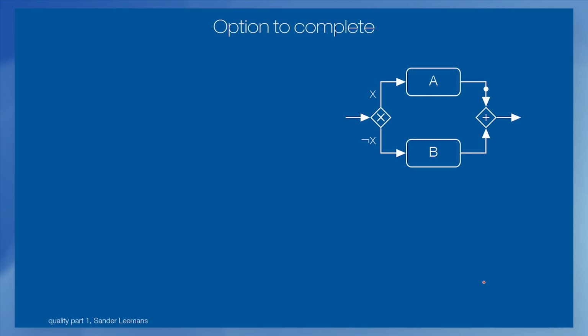The concurrent join will wait for a token coming from the other branch, which is the branch coming from B. However, there is no more token here that can come. So we are stuck in this situation. This is a deadlock. There is a token here, but we can never proceed until the end.